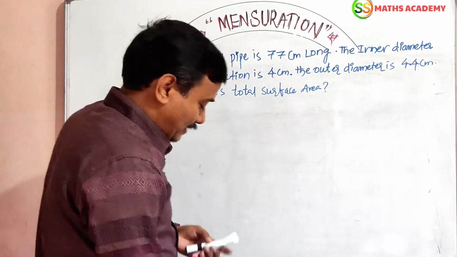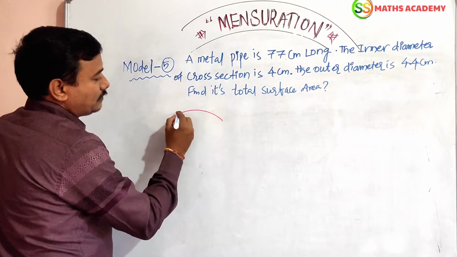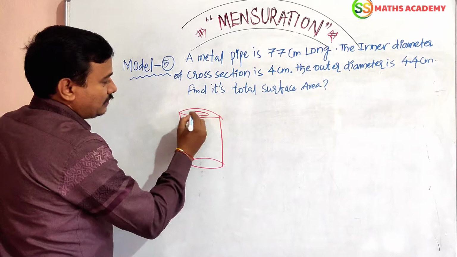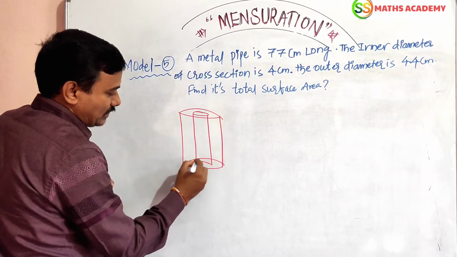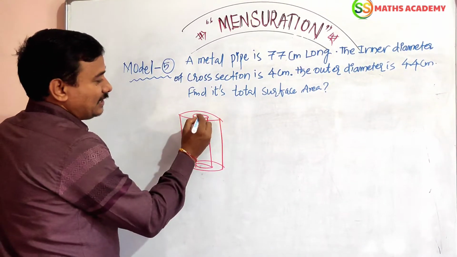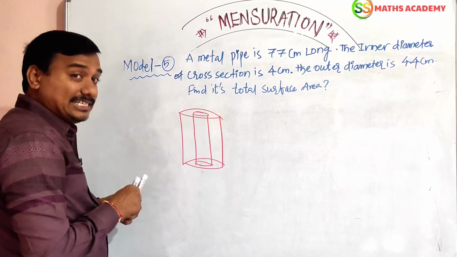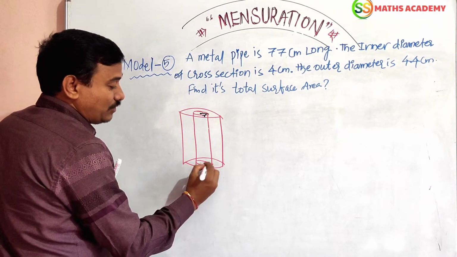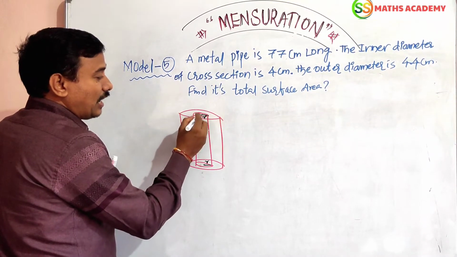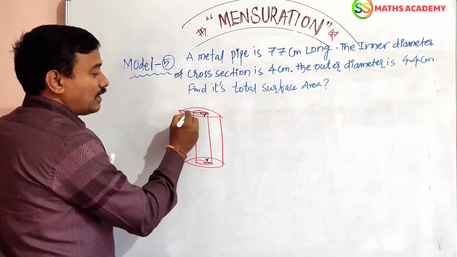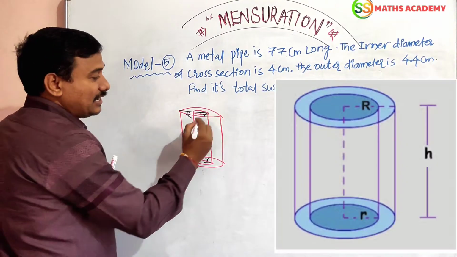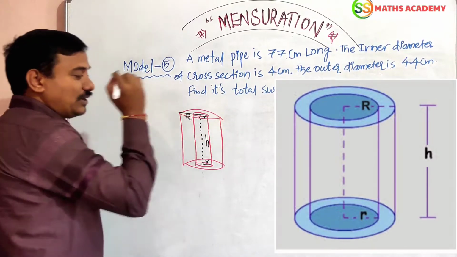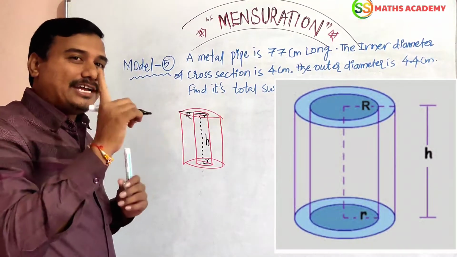Now let us see. This is a hollow cylinder example. The hollow cylinder has an inner radius and an outer radius, right? The radii are different, but the height will be the same.